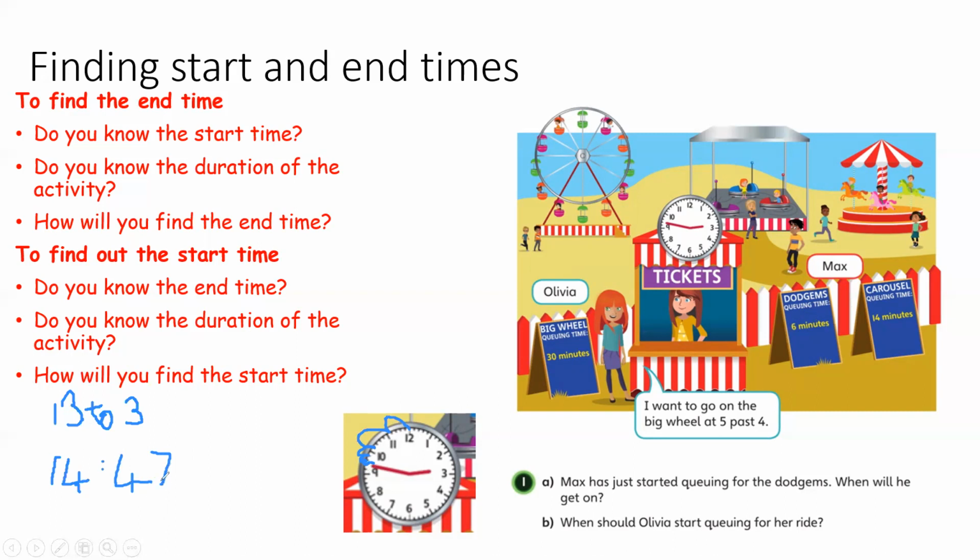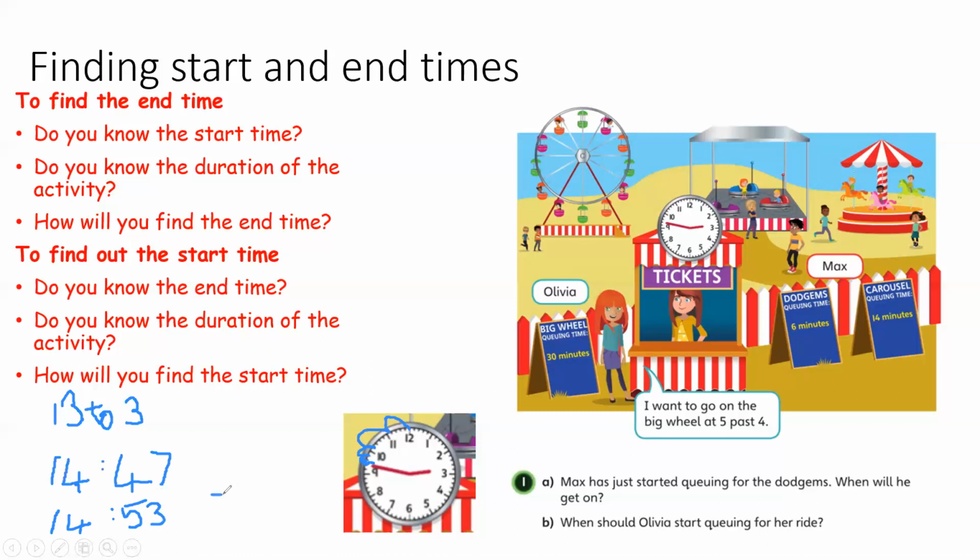And we're queuing for 6 minutes. So I'm going to add 6 minutes onto 14:47. So I'm going to keep the 14 the same because I know it's not going to be over the hour. So it's going to be 14, and then 47 plus 6 is going to be 53. So 14:53 is going to be the answer. And another way to write that, so 53 is 7 minutes.